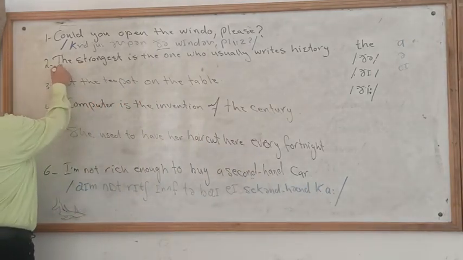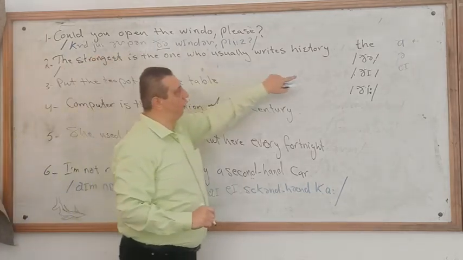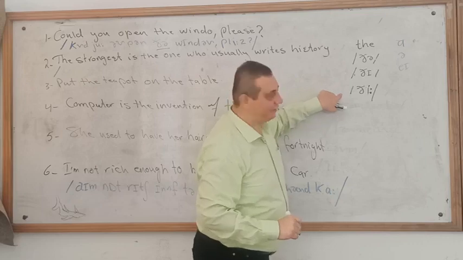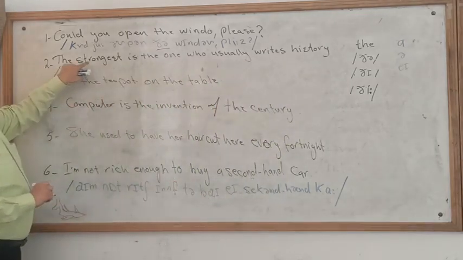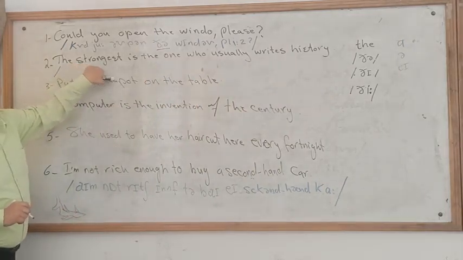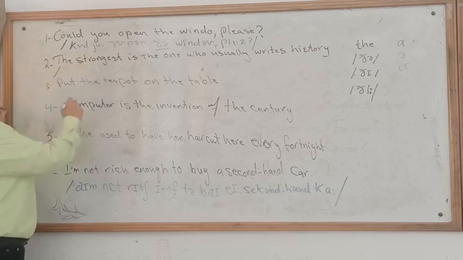So when we come to this sentence, which form of these three is going to be the third one? Because here, specifying who's going to write history. It's the strongest.